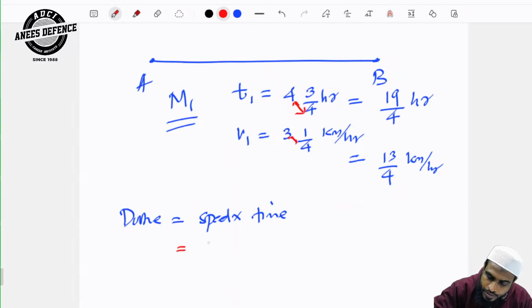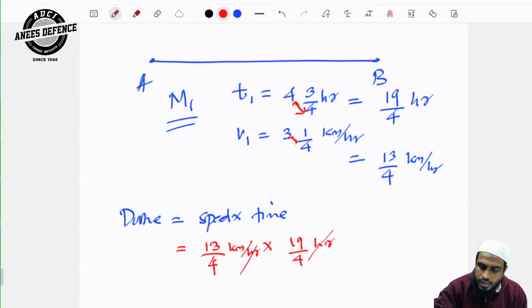So speed is 13 by 4 kilometer per hour. Time is 19 by 4 hour. You can see hour gets cancelled. So 13 into 19 by 4 into 4, 16 kilometer.